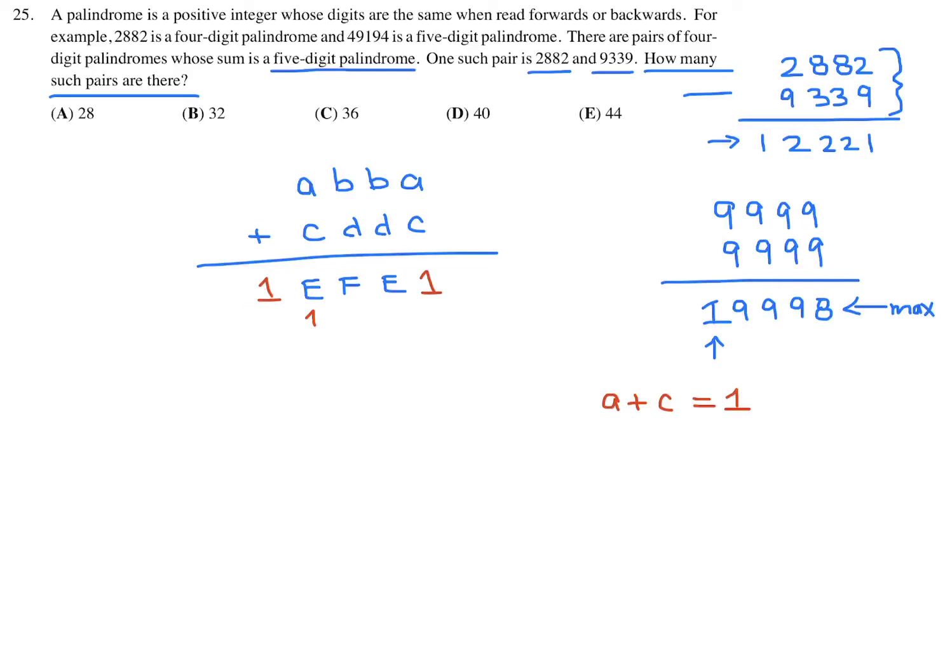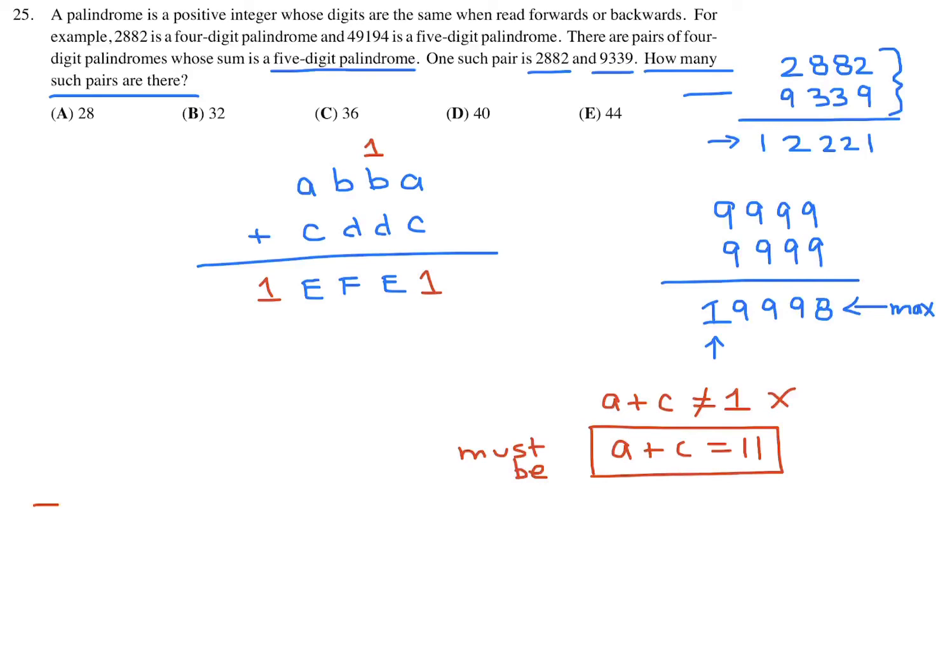So A plus C equal to 1 is probably not going to work. Then how is this going to work if A plus C is not 1? Well, A plus C could equal 11, right? Because if it equals 11, you put the 1 down there and you carry the 1 based on simple addition. And that is the only way this is going to work. It must be that A plus C is equal to 11. That's the only way you can produce a 5-digit number, which hopefully will then be a palindrome.